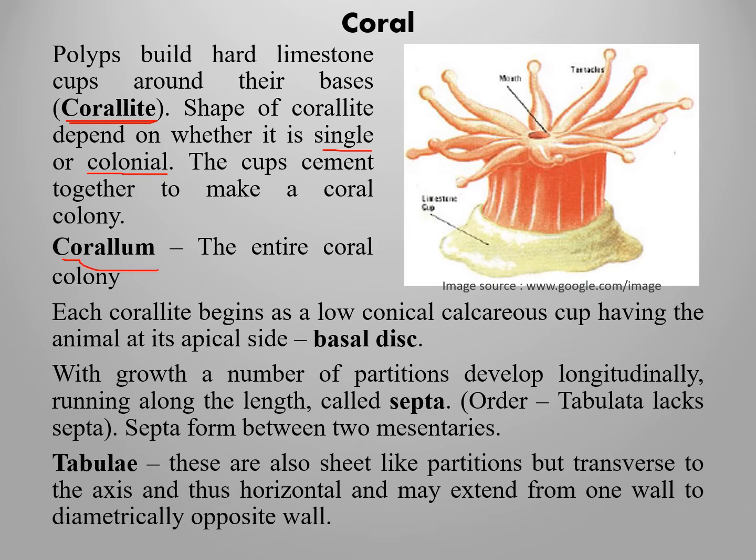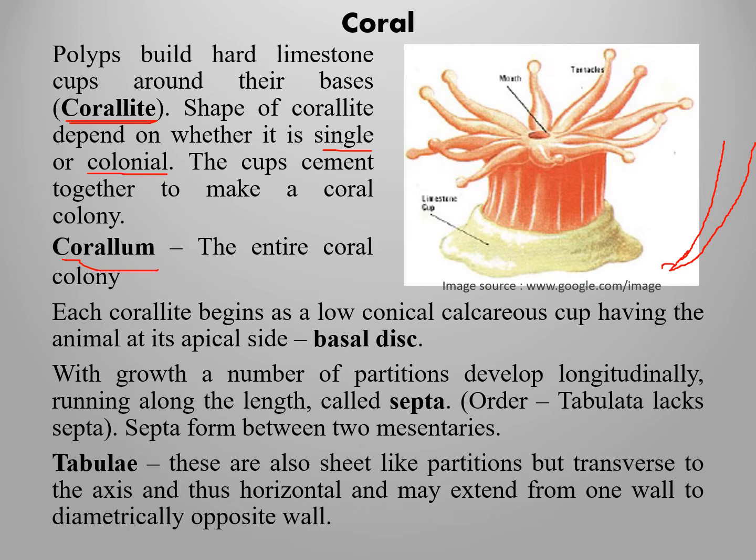If we look at the morphology of each single coral individual, that means each single coralite, each coralite begins as a low conical calcareous cup which has the animal at its apical side. So as I already told, one side is fixed and it is basal, it is a funnel shaped body.